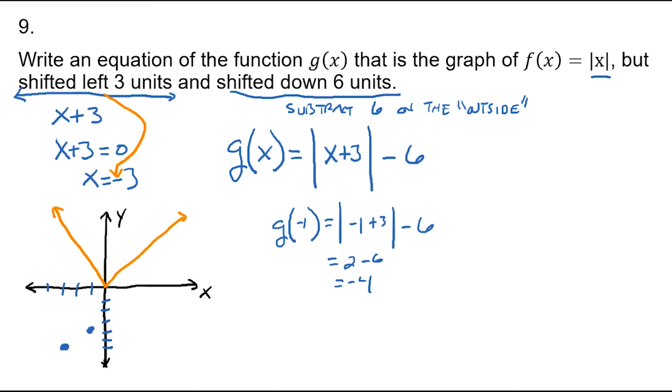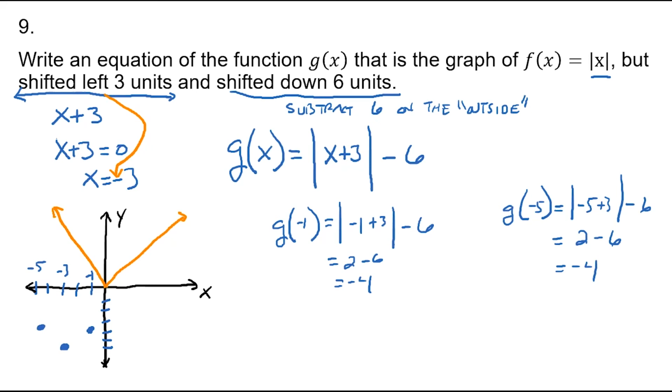And then I'll go this direction to make it symmetric. If this is -3 and this is -1, this would be -5. So what am I going to get if I plug in -5? G of -5 is equal to 2 minus 6, which is equal to -4. So I have my vertex and a point on either side, so I end up with something like this.